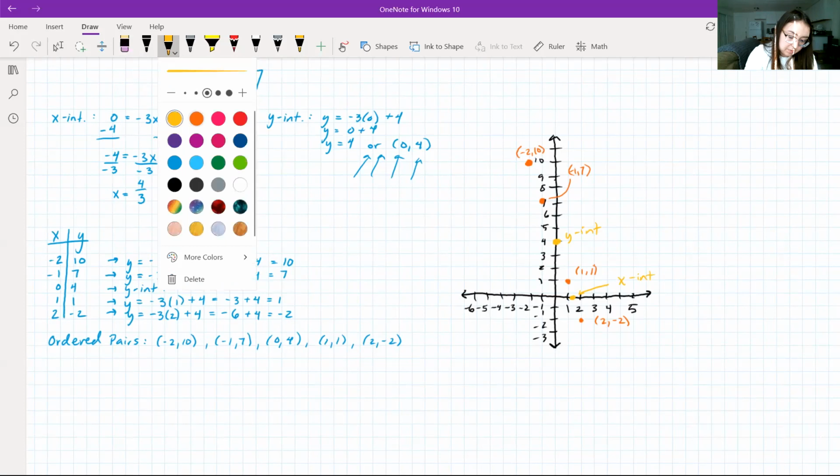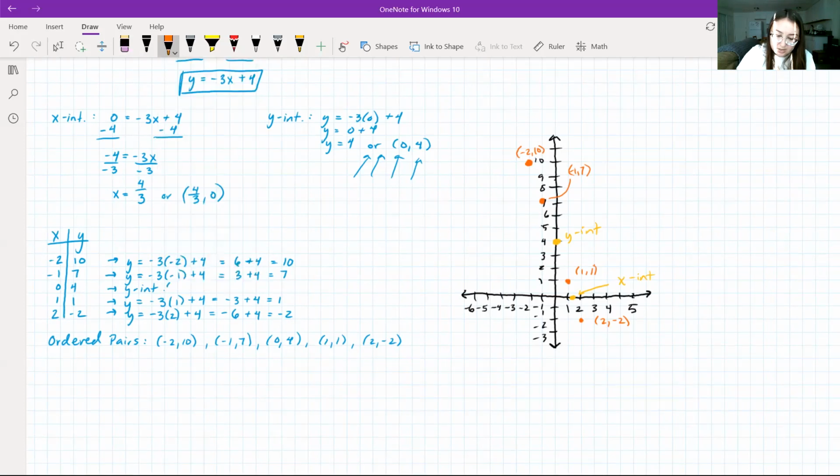So now we want to connect these dots, go through our y. Oh, sorry, I'm so squiggly, not straight. Okay, not quite that straight, but you get the point. You want to connect all of your ordered pairs, go through your y-intercept and your x-intercept.